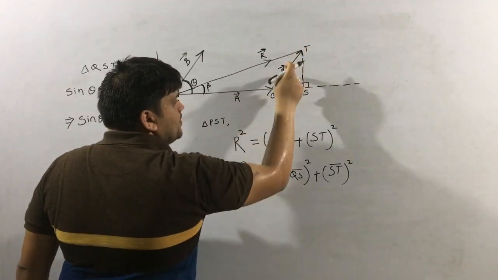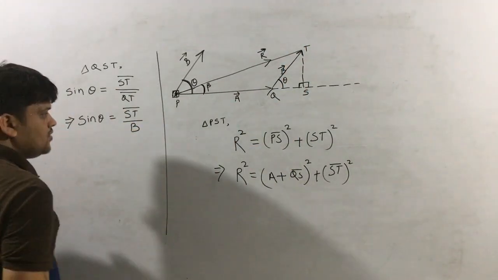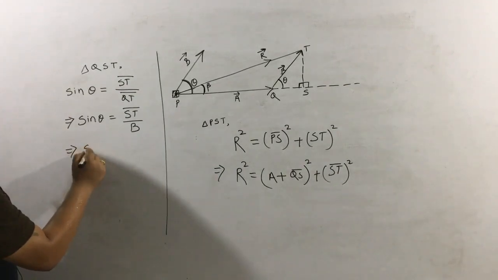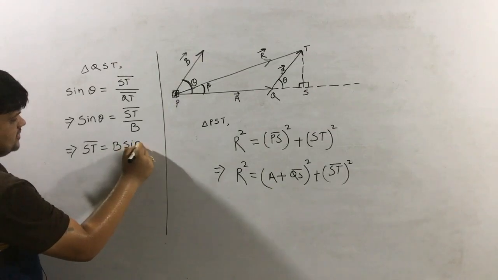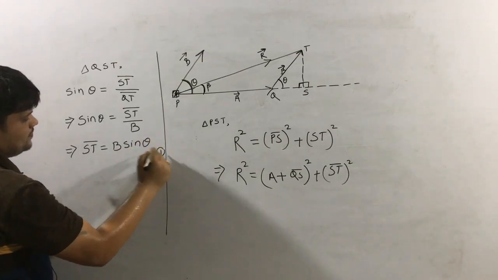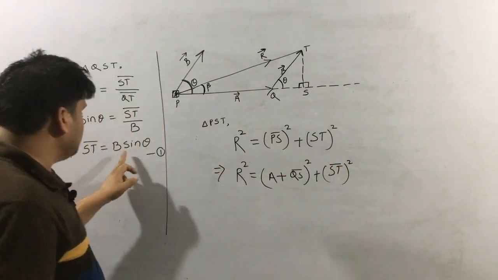This length is the magnitude of B vector, so B. Or I can write ST equals B sin theta. So this ST I can write as B sin theta.